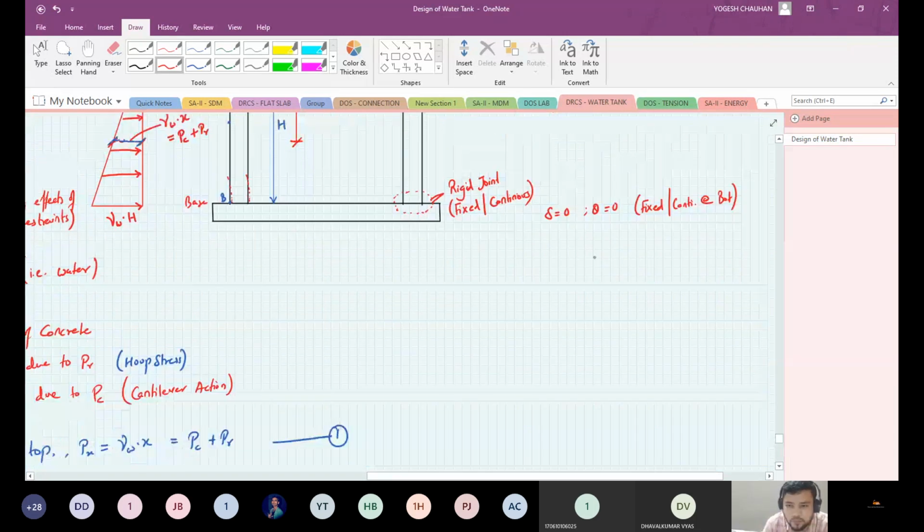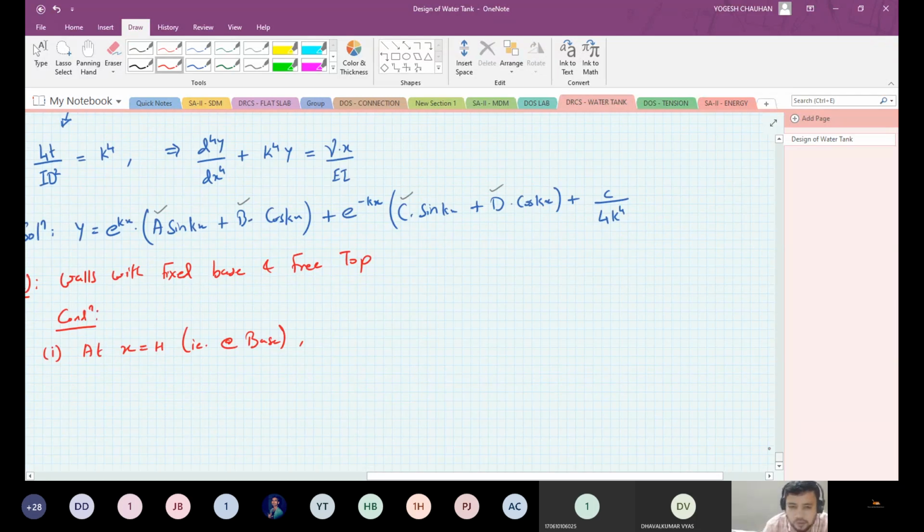Okay, so you are at the base. So at base, the deflection is 0. So at x equals h, y is equal to 0 because deflection delta is equal to 0.